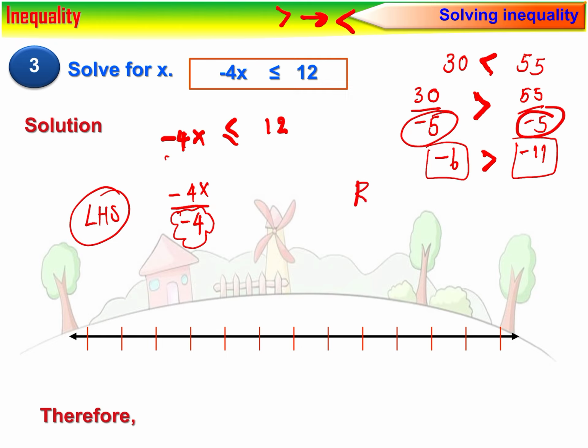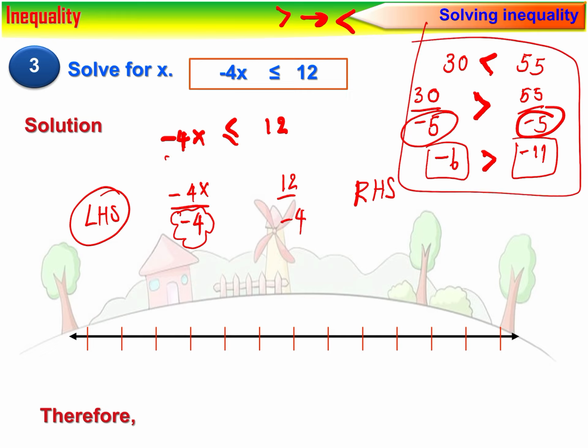So when you do this to the left hand side you have to do the same thing in the right hand side too, so you take 12 divided by minus 4, as I showed you here. This property is always true. If you divide or multiply both sides by a negative number, the sign will change from less than or equal to become greater than or equal to.